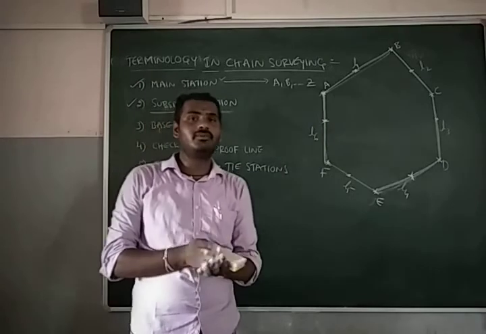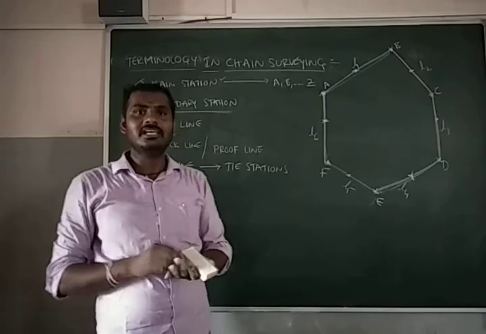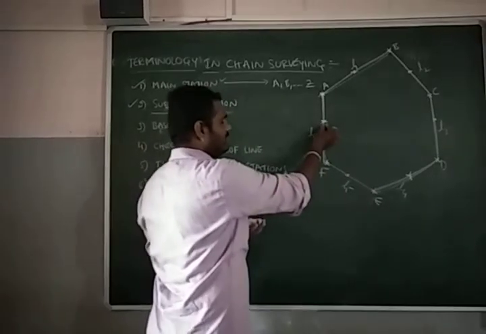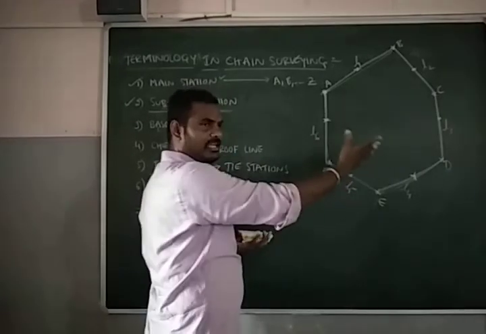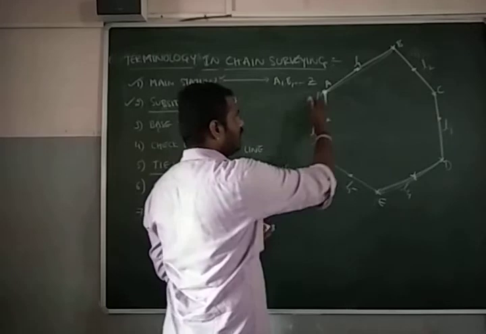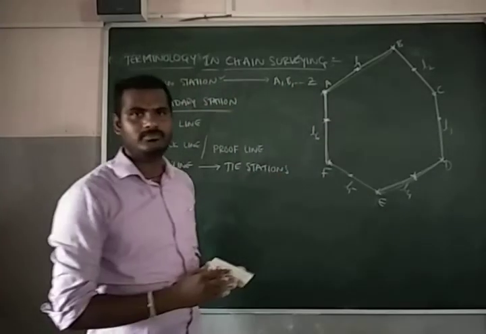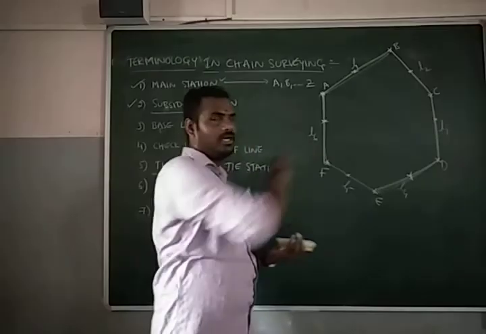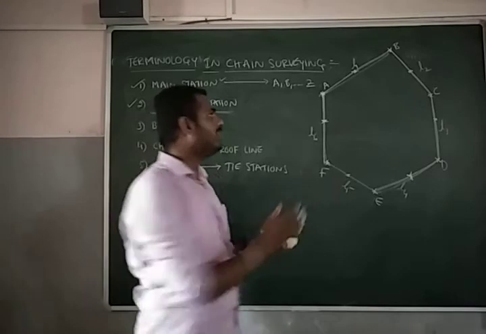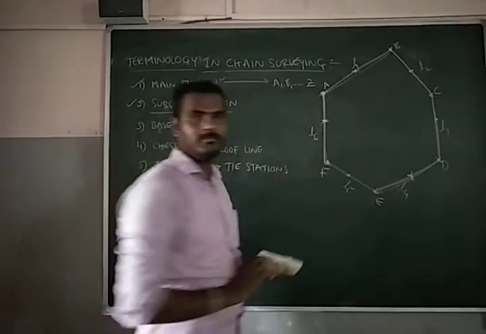But the purpose of locating the subsidiary station is very, very important. These subsidiary stations will run perpendicular lines or any oblique lines from the boundary survey lines to the inside of the plot, so as to give the details of the minor triangles over here.